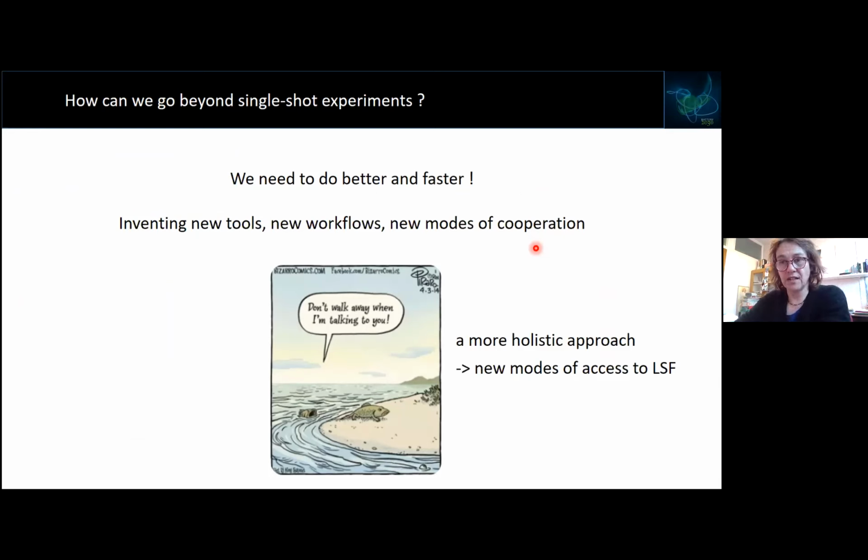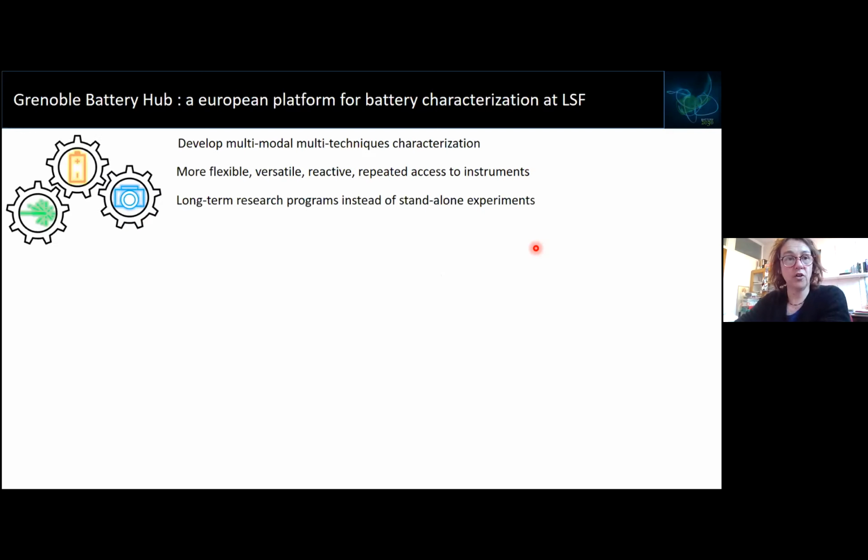In this context, we started in Grenoble a collaboration with ESRF and ILL and proposed a concept of Grenoble Battery Hub, which is a European platform for characterization of batteries at the large-scale facilities. The aim is to develop multimodal, multi-technique characterization in a way that it would be more flexible, versatile, reactive, with repeated access to instruments, and that would be grounded in long-term research programs instead of standalone experiments as it is now.